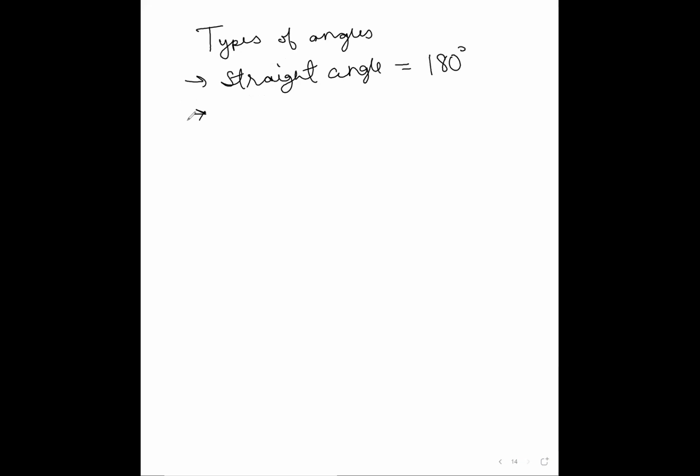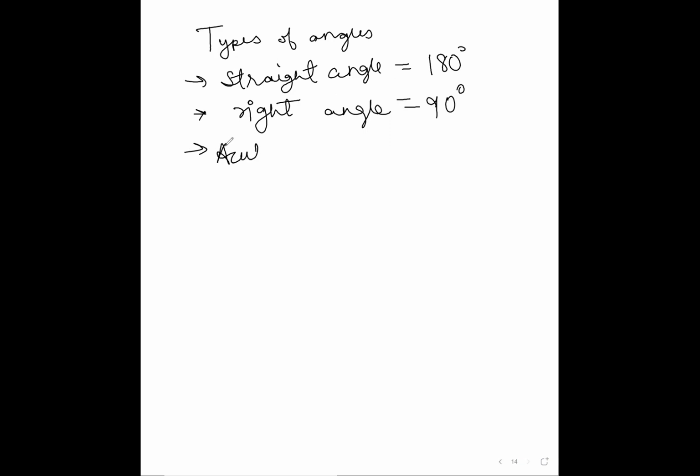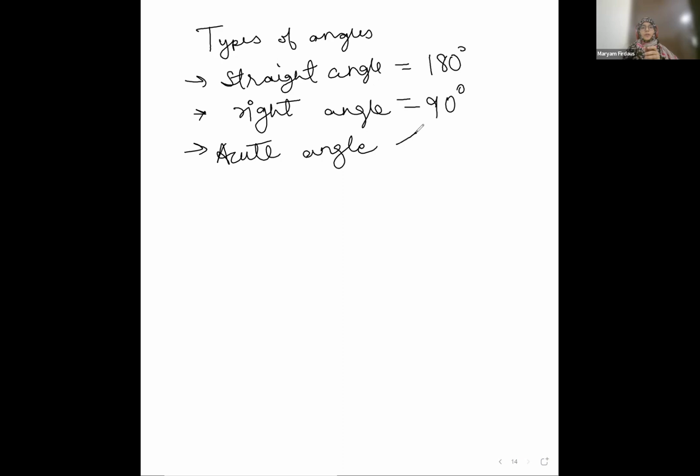A right angle is 90 degrees. Then acute angle. Very good. Acute angle is less than 90 degrees.